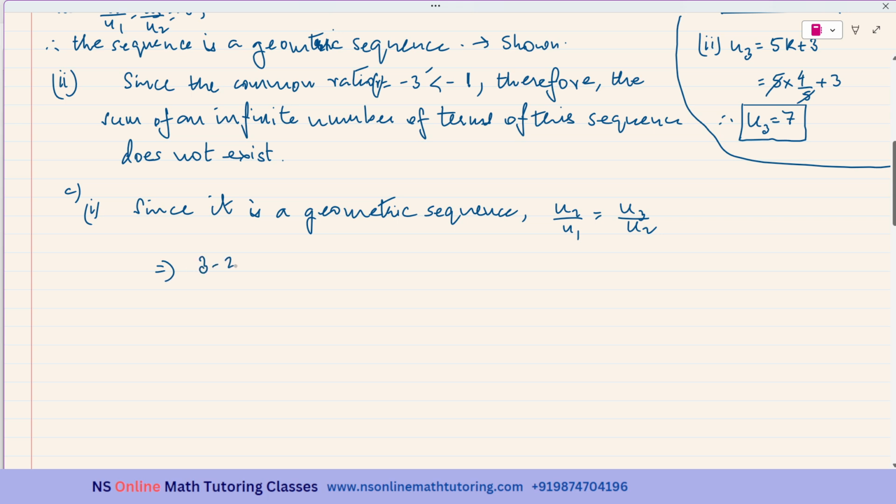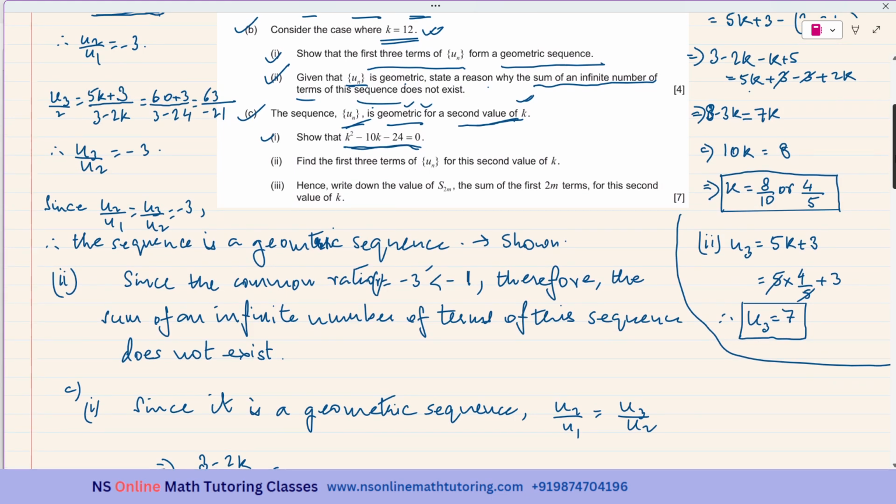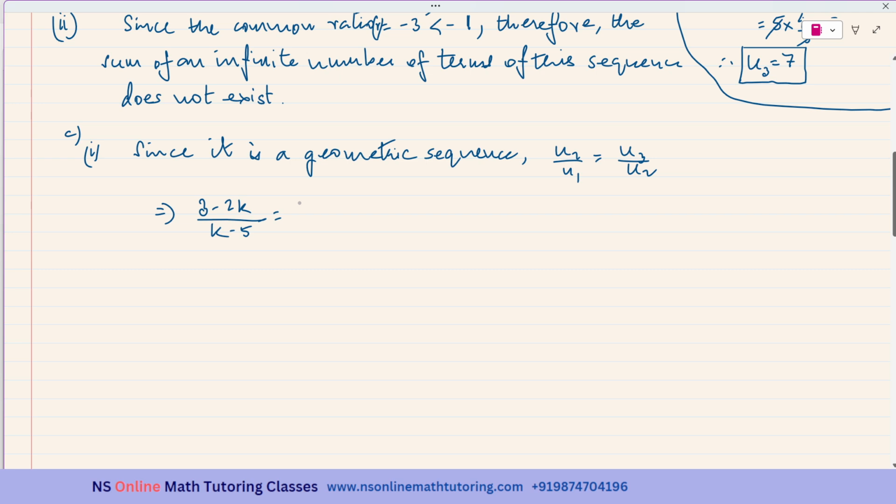Implies 3 minus 2k over k minus 5 should be equal to what is u3 over u2? u3 over u2, this is 5k plus 3 over 3 minus 2k.